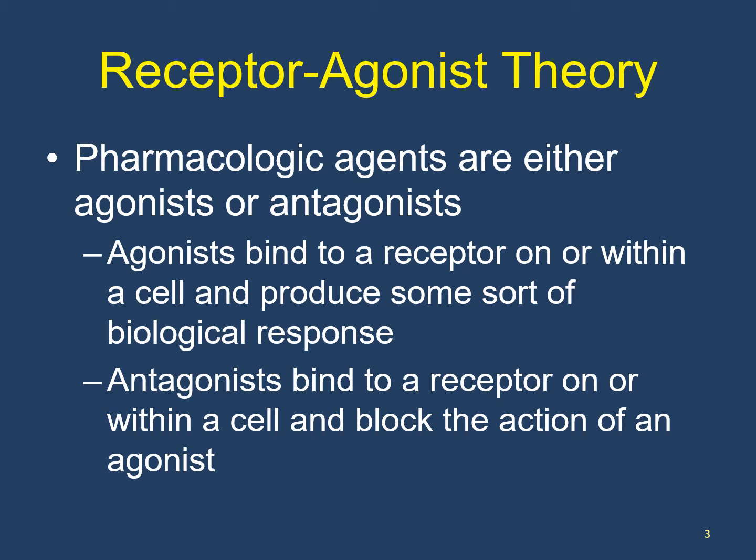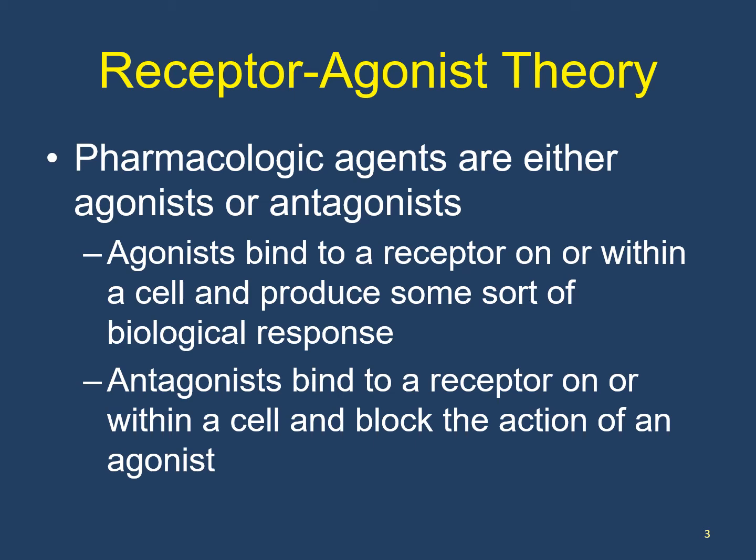A beta adrenergic agonist like albuterol or epinephrine is a chemical that binds to beta receptors and actually causes things to happen. In the heart, it will increase contractility, it will increase heart rate, thus increasing cardiac output, also increasing the workload on the heart. Whereas a beta adrenergic antagonist doesn't do anything in its own right. All it does is bind to beta receptors in the heart, blocking the action of naturally occurring epinephrine.